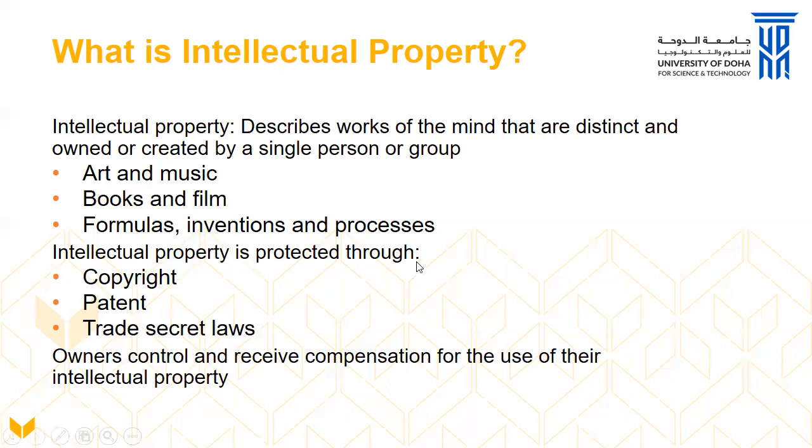Now, how that's protected, as it says here, we have our main ways, which is copyright. Copyright is kind of implied. You can just state that I claim my copyright rights to this thing that I've created. Patents, that's a little different. With patents, you actually have to go and make an application to get patent protection. And patent protection is limited by time.